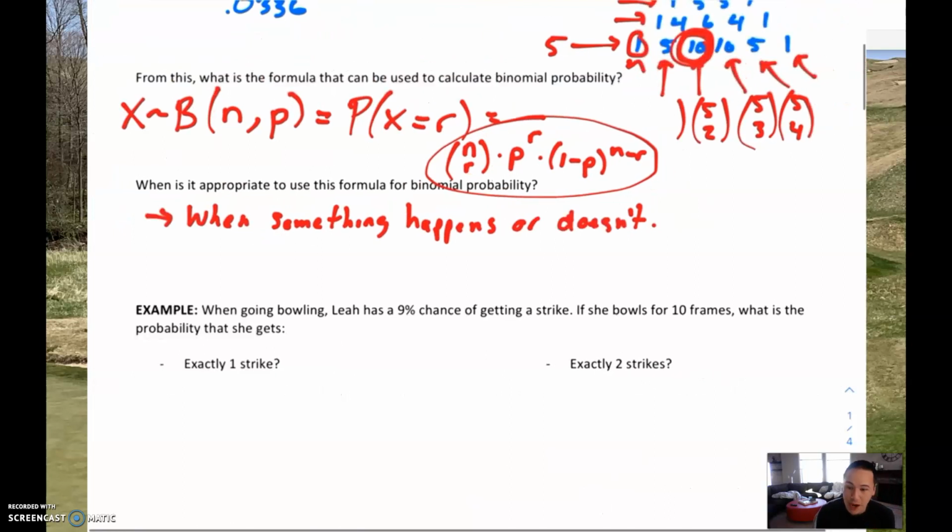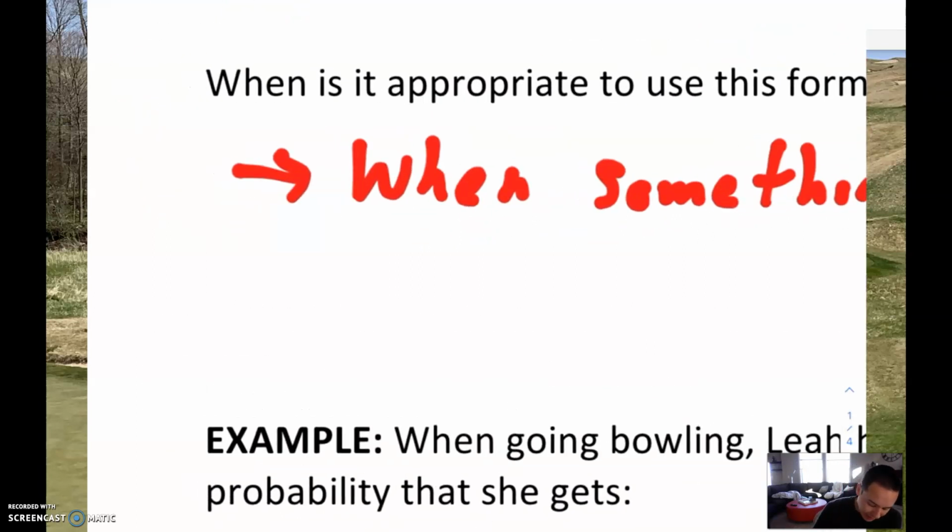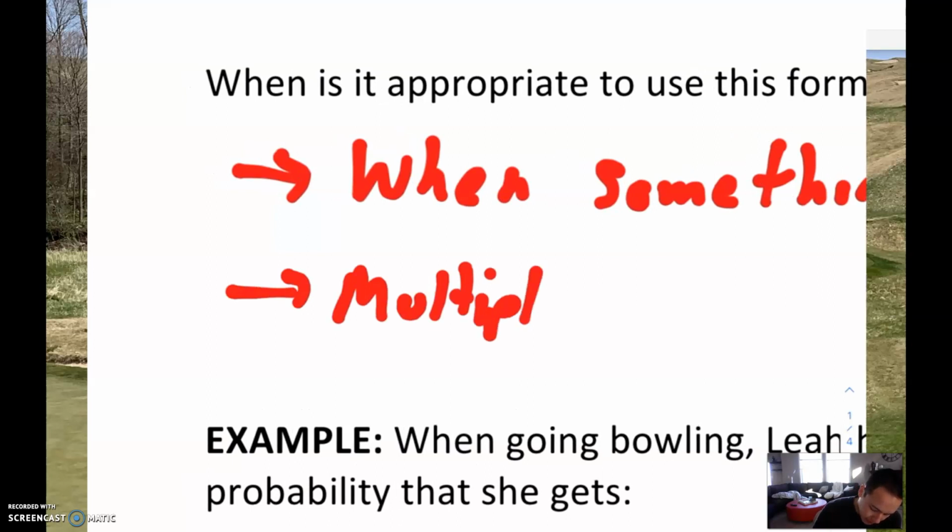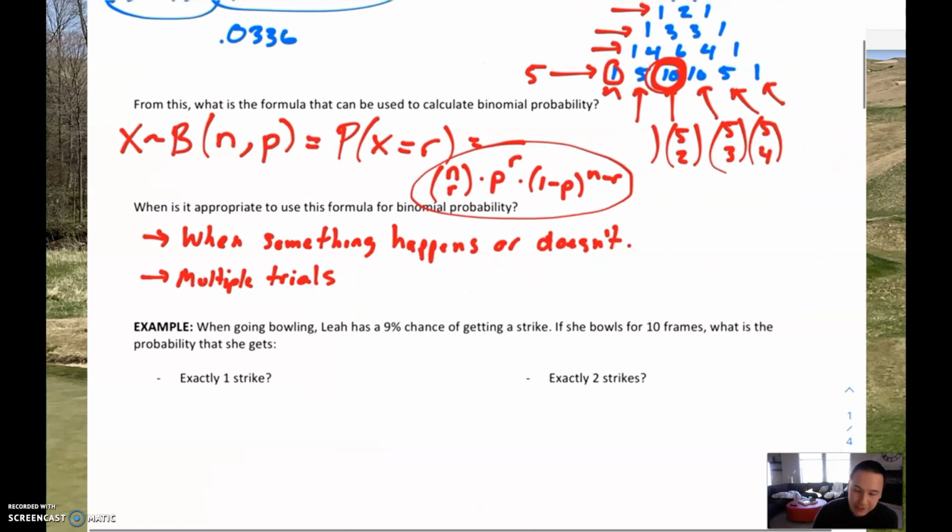So there's only two options. It's either going to happen or it's not going to happen. That's binomial. And lastly, you're performing multiple trials. In the example that we had up at the top, they either left a tip or they did not leave a tip. And we have 5 people, multiple trials.